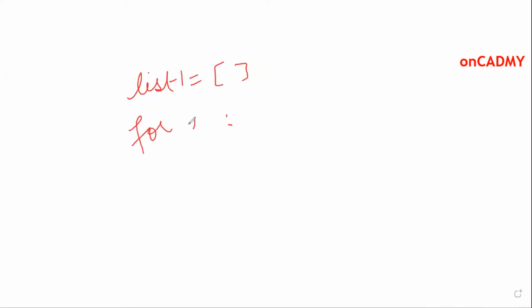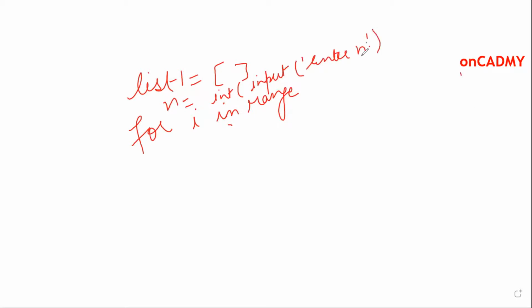Then write for I in range. You can also take a variable number or n up to which you want to input list elements. List1 is equal to this, n is equal to int, enter n, up to which you want list elements for input, for I in range 0 to n.